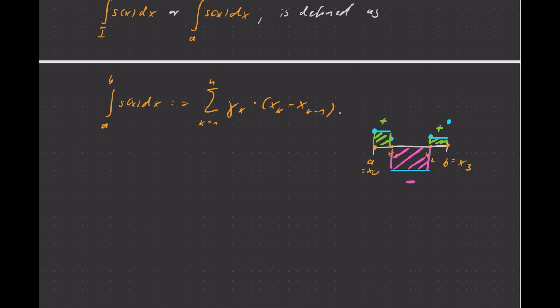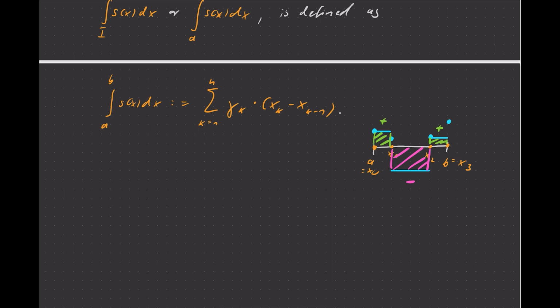Yeah, the function value is negative, so that enters here in the negative. That means if you really want the area, then of course you'll have to use the integral over the absolute value of that function S. Yeah, with the usual integral, what you get is the signed area, or the sum of signed areas.